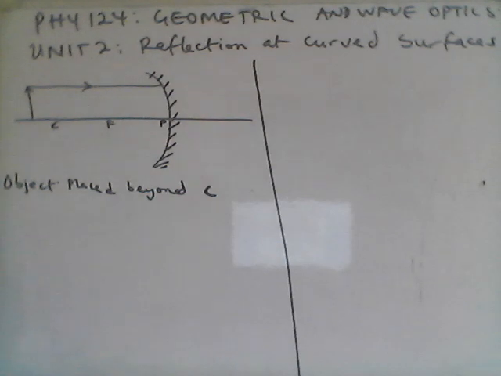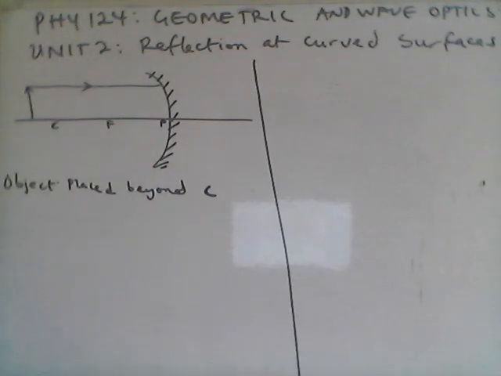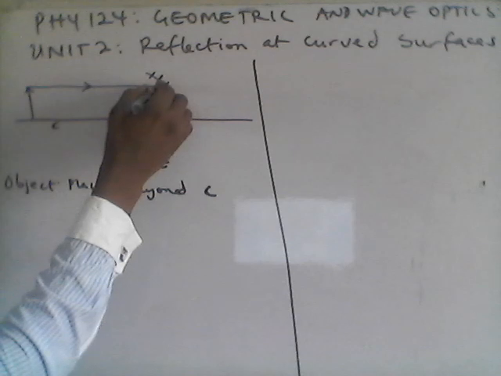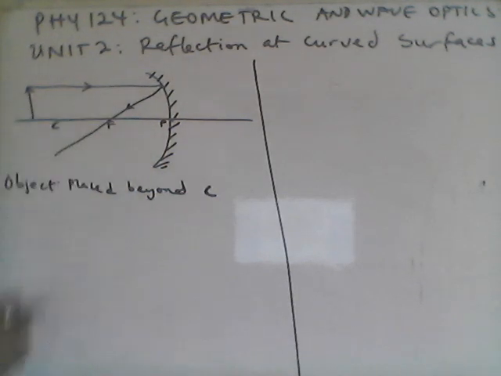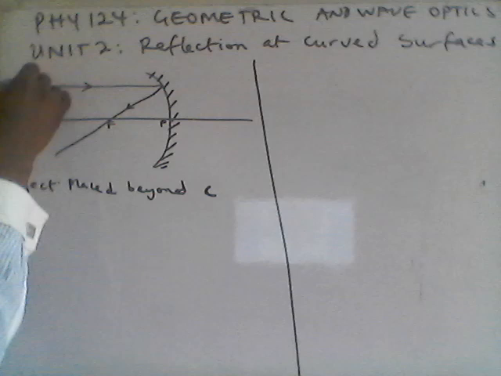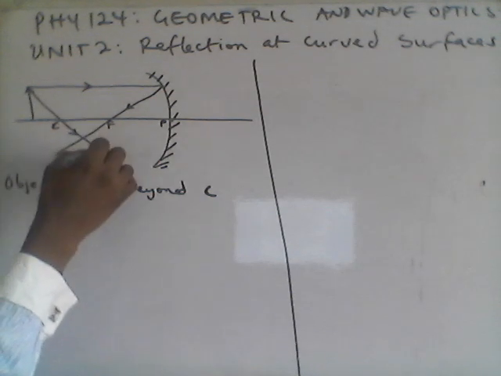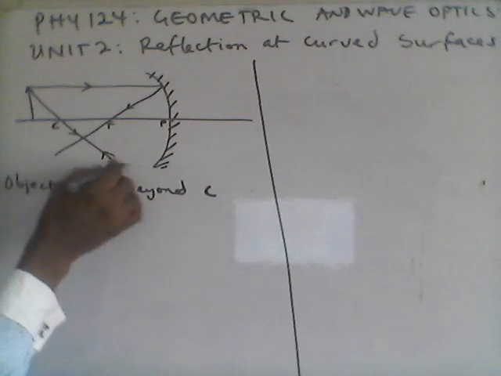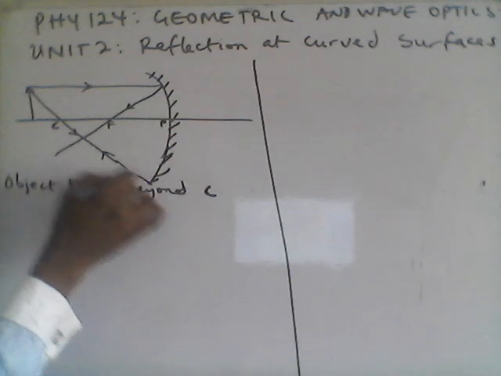So the ray from the tip of the object hits the mirror, and it's reflected through the focal point. At the same time, this second ray comes through the center of curvature like this, hits the mirror somewhere, wherever the mirror extends to, and reflects back.